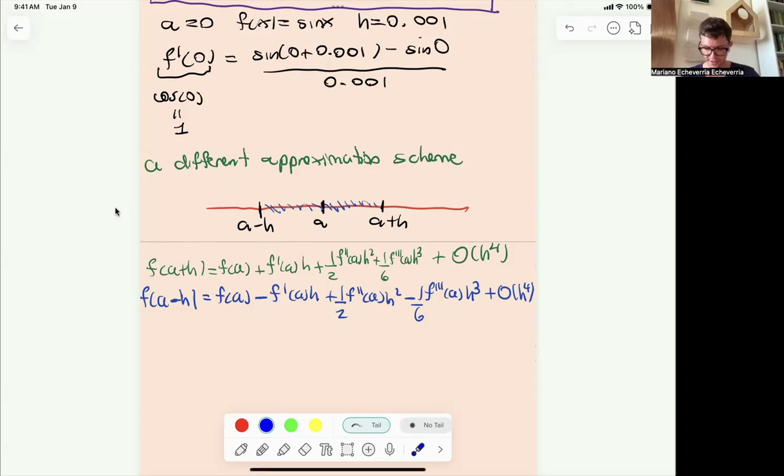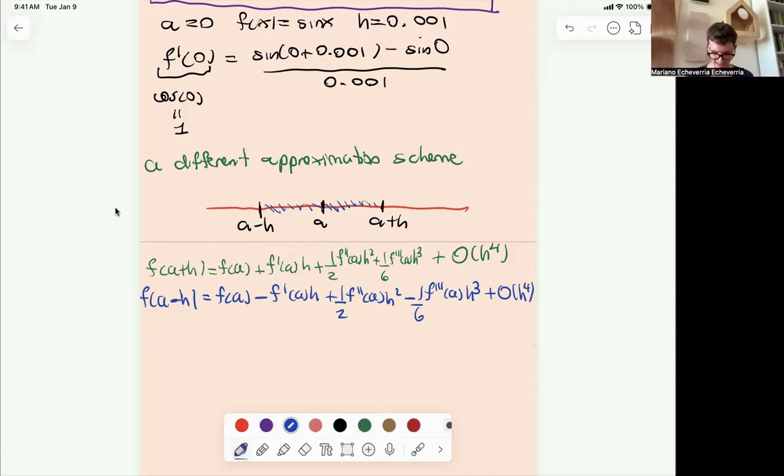What's interesting here is, what happens if you add them? If you add them, then these derivatives go away. They cancel because they appear with opposite signs. So if you were to add the equations, there would be no way to find anything interesting about the first derivative because you cancel it out. The alternative to adding them is subtracting them.